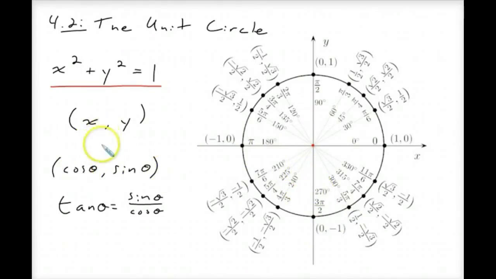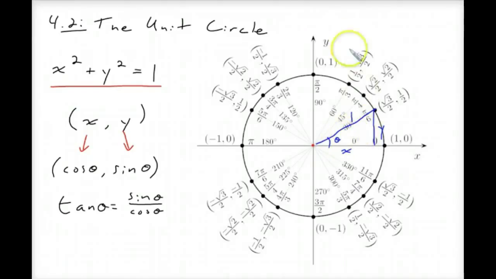I will also tell you that x is cosine, y is sine. This is true because if I draw a triangle using any one of those points, you have your x-axis, your y-axis, and the angle inside is your theta. To find x, we know the hypotenuse of the triangle is 1, because that's the radius.